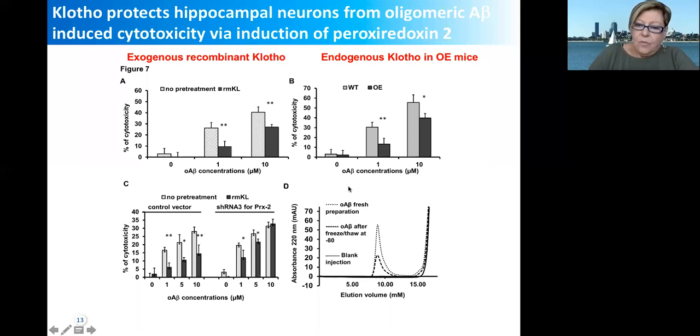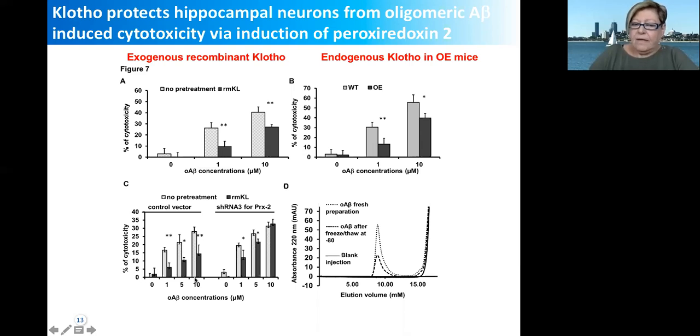And when we add either exogenously recombinant Klotho or endogenously, which is the Klotho found in the overexpressing mice, we can see that having Klotho, when we add A beta at 1 or 10 micromolar, we see less cell death, less cytotoxicity.